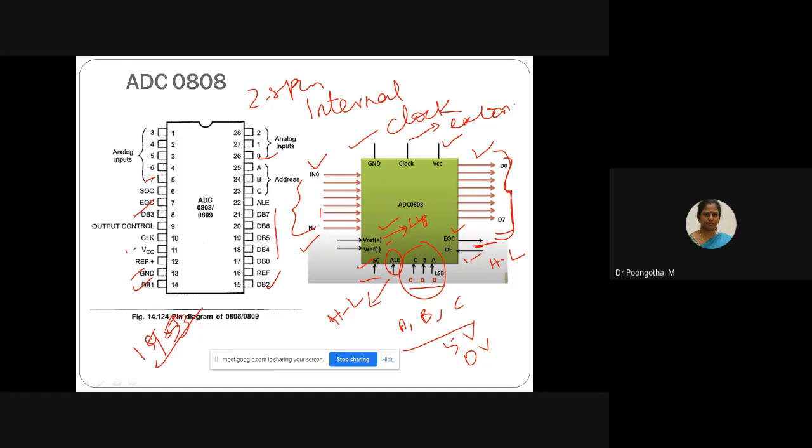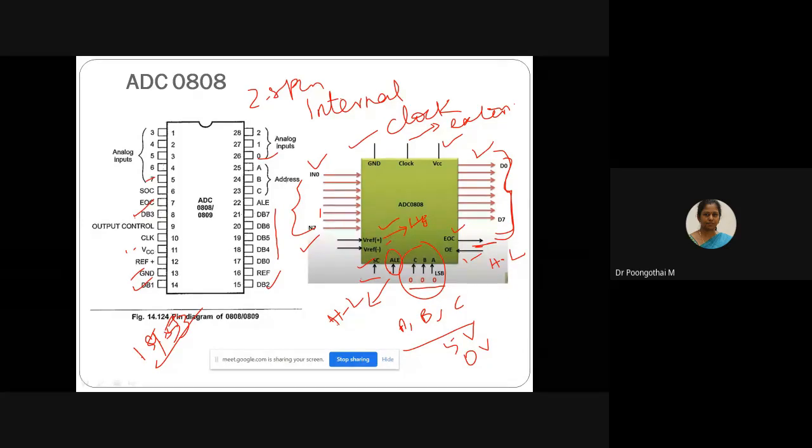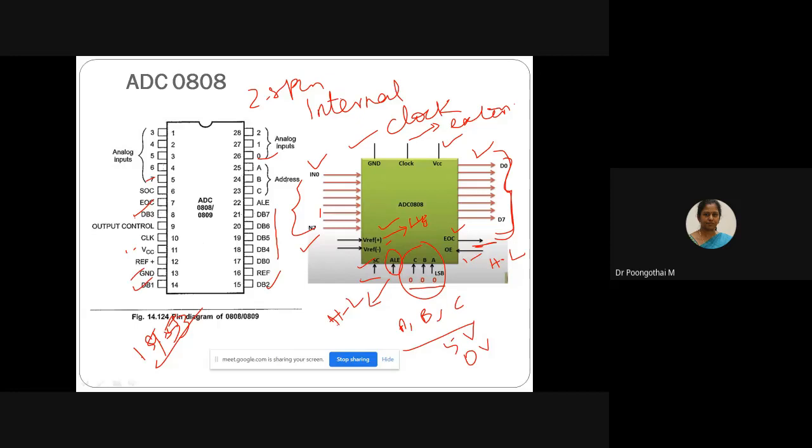The particular address of the channel is latched into this IC using the address latch enable signal, start conversion is used to initiate the conversion process, and end of conversion indicates that the conversion process is over. After that, the output enable signal is used to extract the converted data available from D0 to D7.